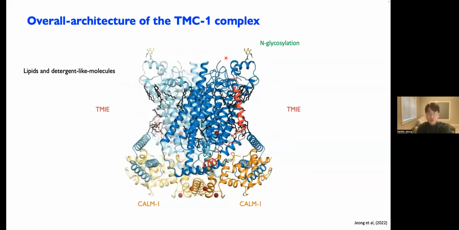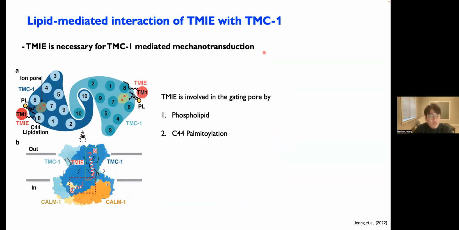So according to the structure, the complex has 2 copies of TMIE, and the binding interface between TMC1 and TMIE consists of not only protein-protein interaction, but also lipid-mediated interaction, such as phospholipid and permethylation of cysteine.